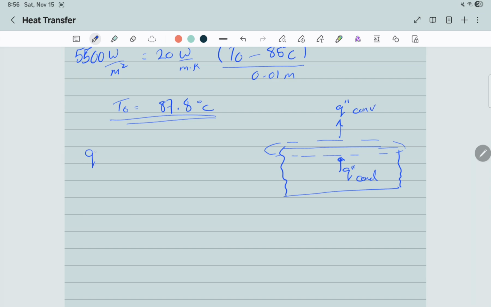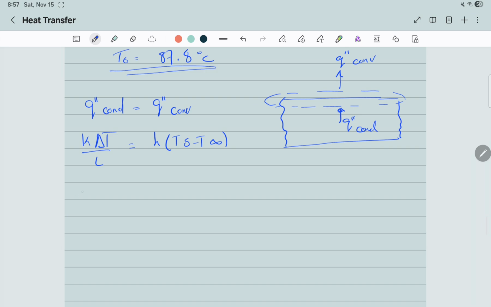Therefore, conduction heat flux equals convection heat flux. That'll be KΔT over L equals h(Ts − T∞).